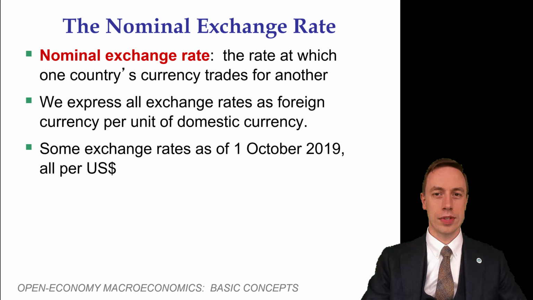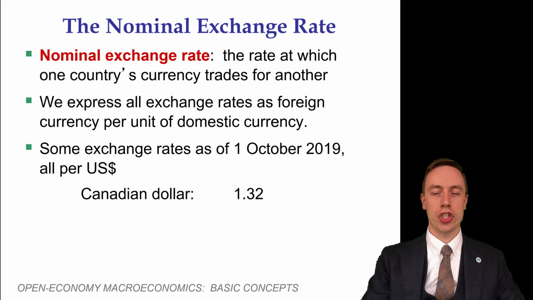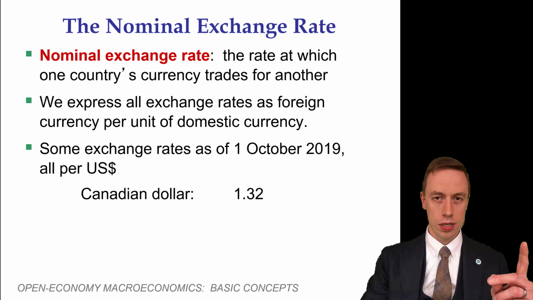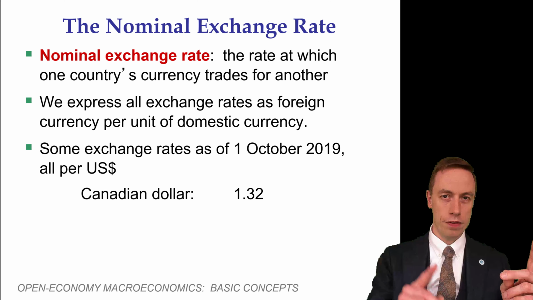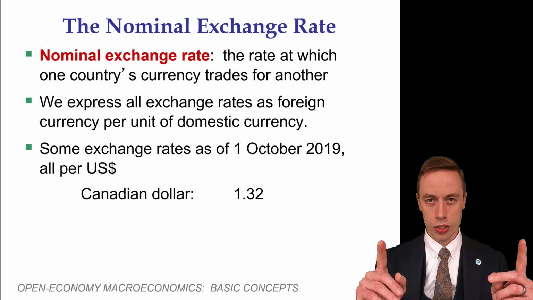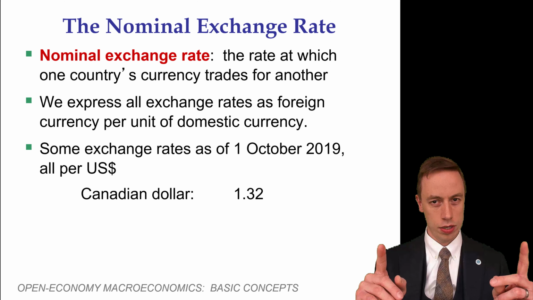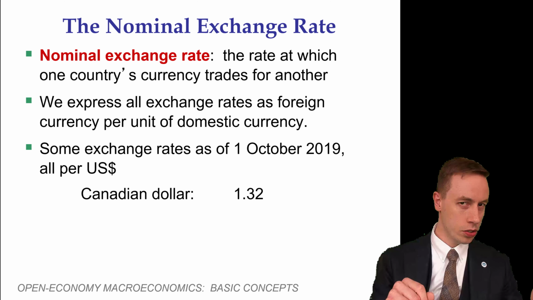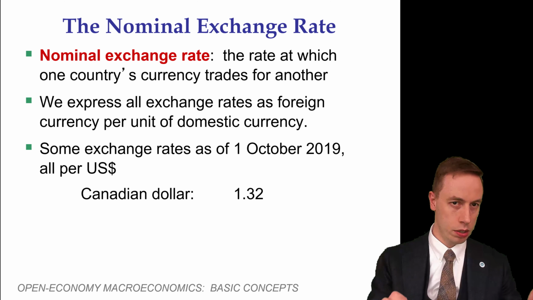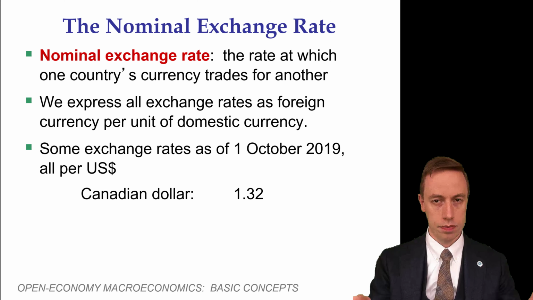Assuming for a second that the US dollar is our domestic currency, here are some exchange rates from October 1st, 2019. On that day, the exchange rate with the Canadian dollar was 1.32. So this means 1 American dollar was equal in value to 1.32 Canadian dollars. So 1 American dollar was worth more than 1 Canadian dollar.